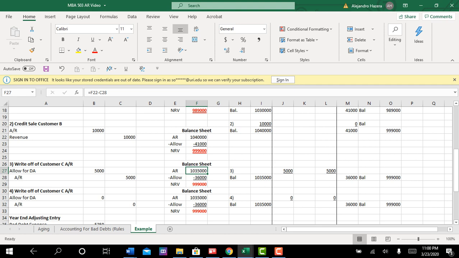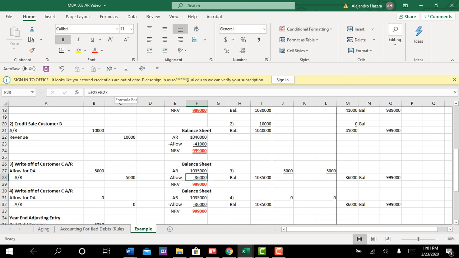So by writing off an account, your accounts receivable goes down by $5,000 from $1,040,000 to $1,035,000. That's appropriate because you cannot claim as an account receivable an amount that you know cannot be collected. That's the obvious part. When you can't collect it, you have to take it out of accounts receivable.